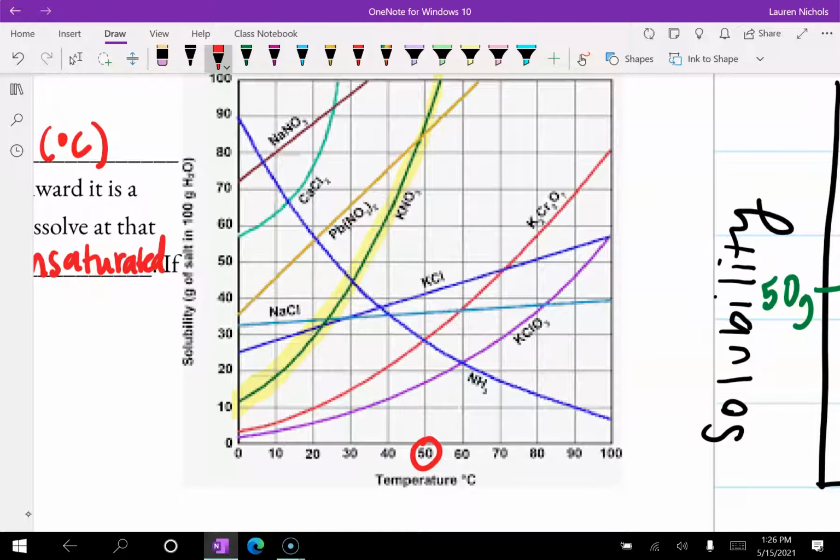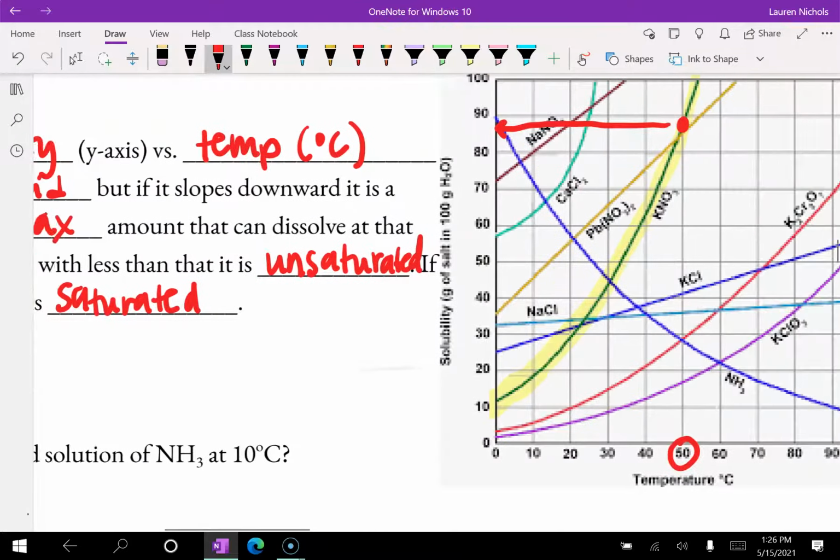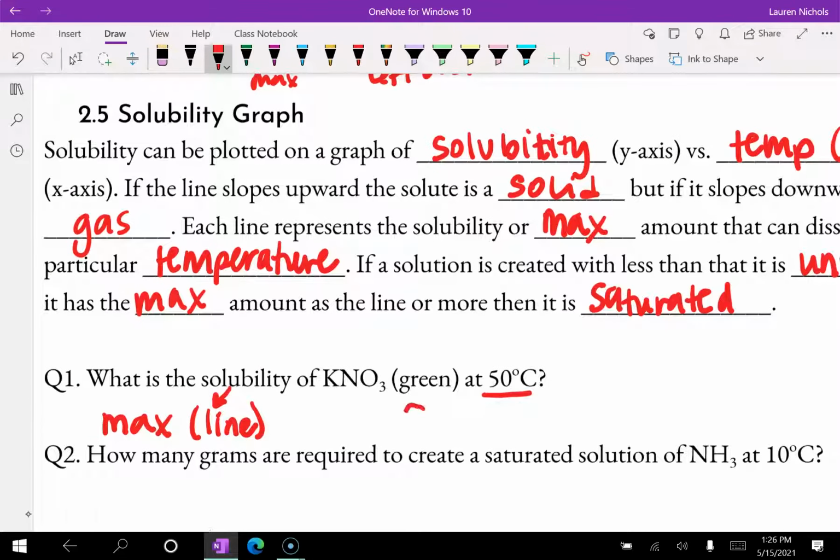So solubility is a line. So at 50 degrees, that's this point. So you just kind of go all the way over to see how many grams that is. It's a little above 85, like it's more than 80, less than 90, a little more than halfway. So let's say 88 grams.